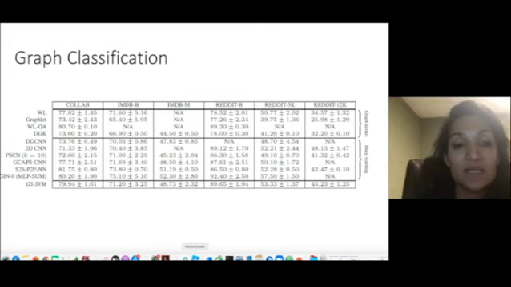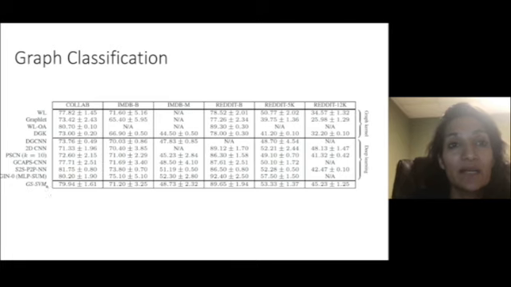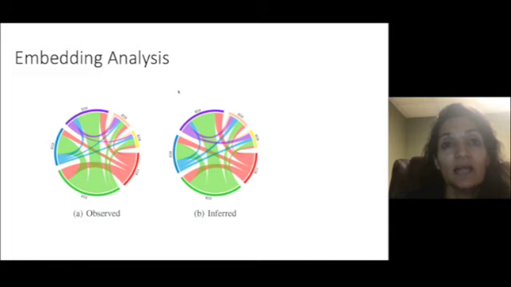As a result, the graph scattering transform combined with a simple SVM classifier outperforms a lot of deep learning models in terms of graph classification. And not only graph classification, you can look at those coefficients and actually tell, for example, which graphs are more similar and more different to each other.